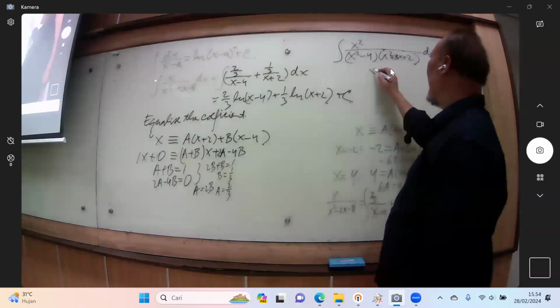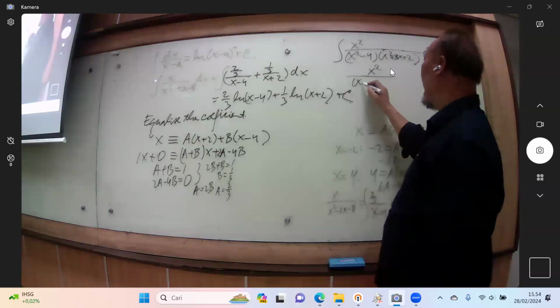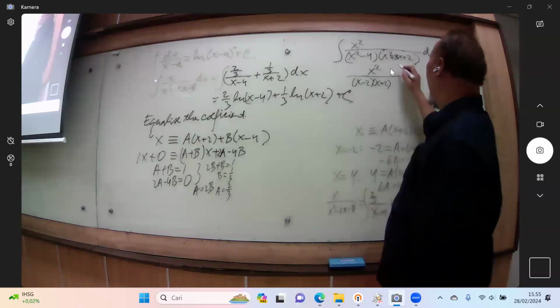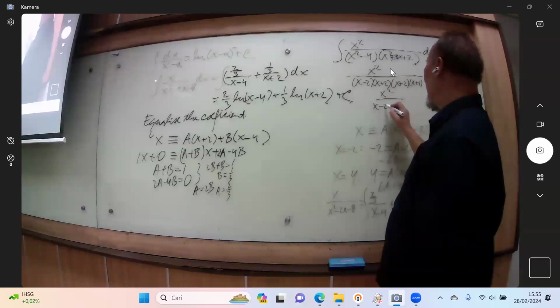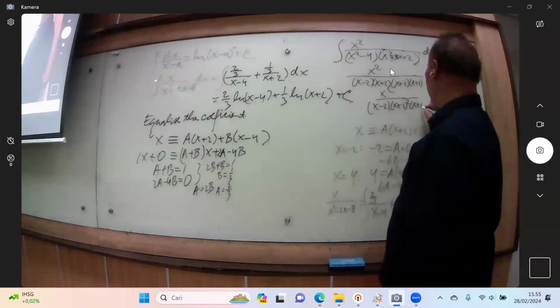So this one becomes x minus 2, x plus 2, and this one x plus 2, x plus 1. So that means we have x squared divided by x minus 2, x plus 2 square, x plus 1.